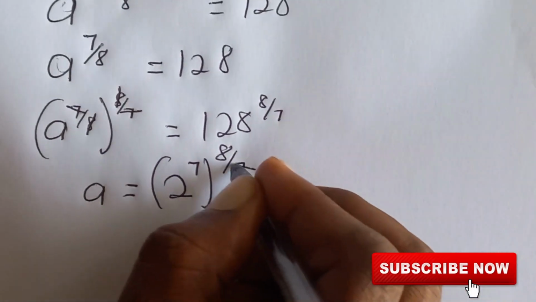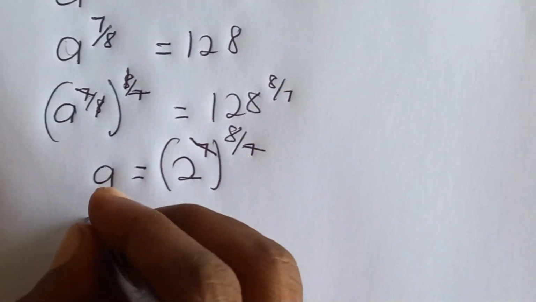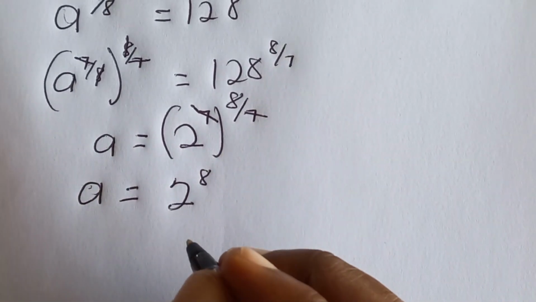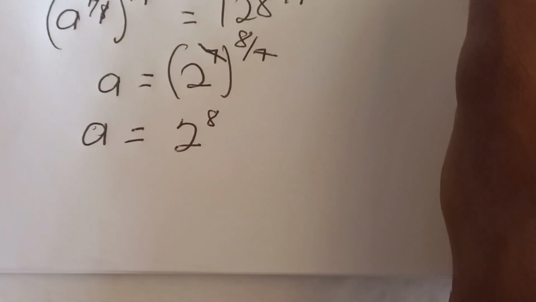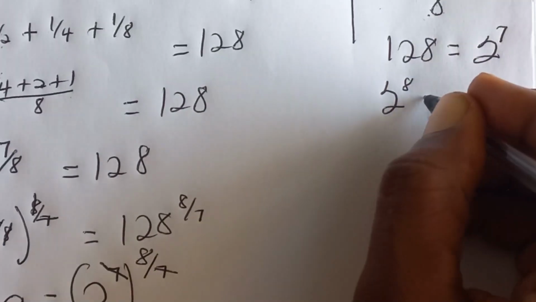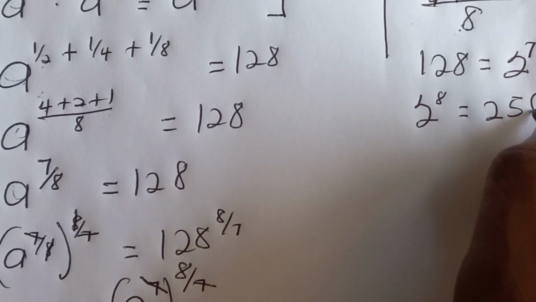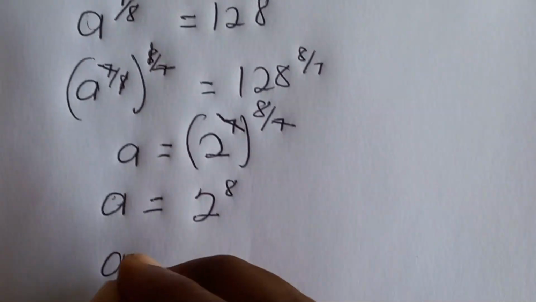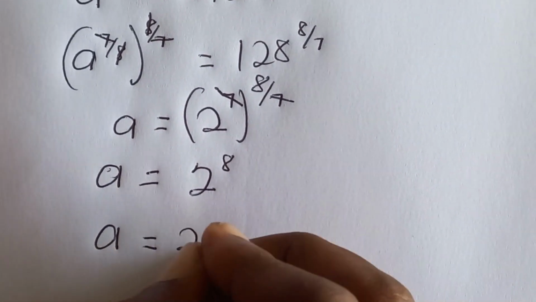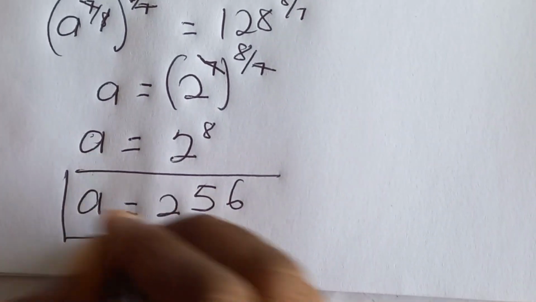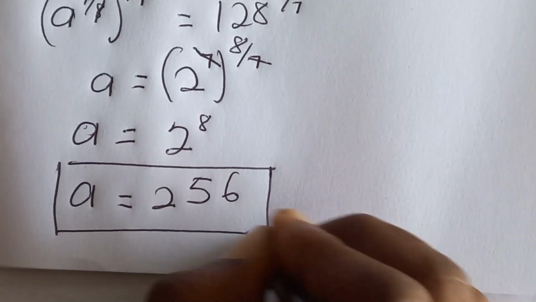This 7 cancels this 7, so we get A is equal to 2 exponent 8, and 2 exponent 8 is equal to 256. So our A is equal to 256. This is our answer for this radical.